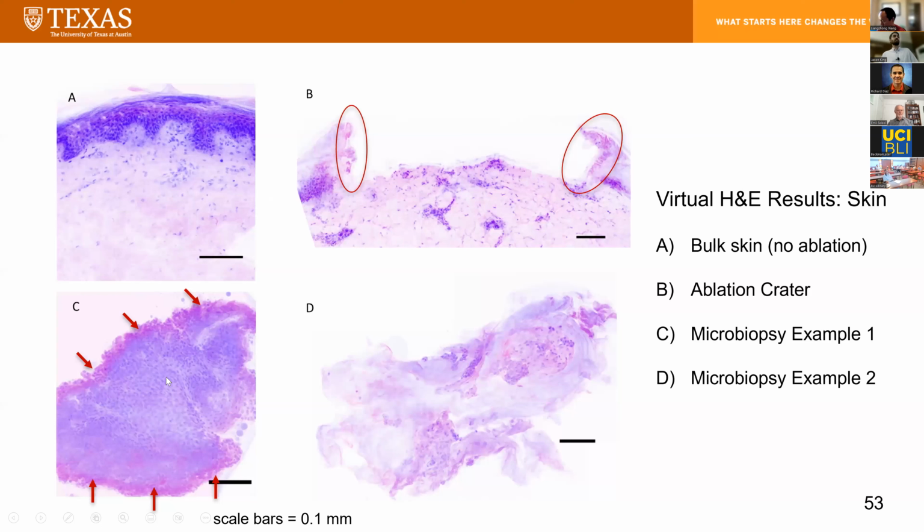When we didn't use the cryogen cooling, this would just look like one solid color. We wouldn't be able to see any of these details. As a next step, we'd like to look at the cell viability, so separate the cells and do a viability test, and look at the DNA to make sure that it's not denatured so that we can do genetic testing. Those are next steps to make sure the tissue is preserved to the extent that we need.